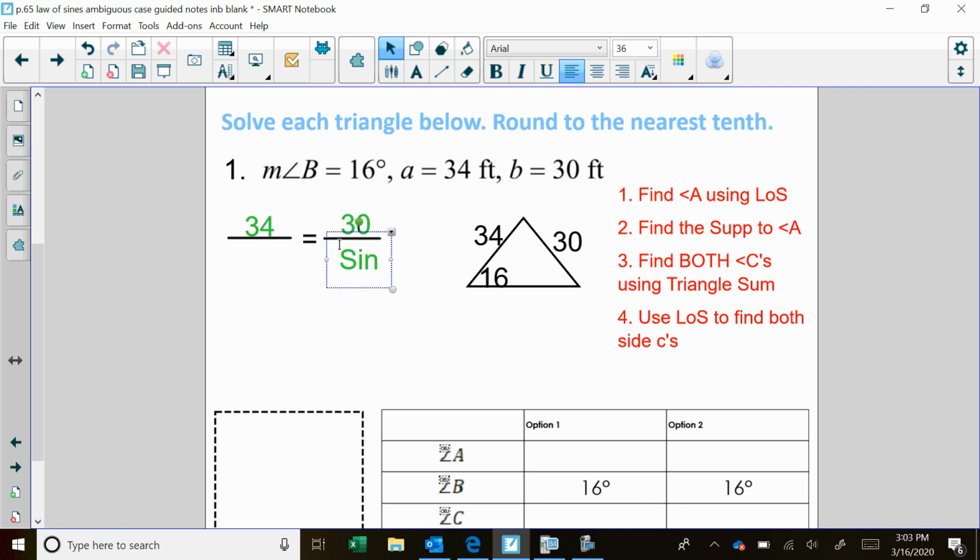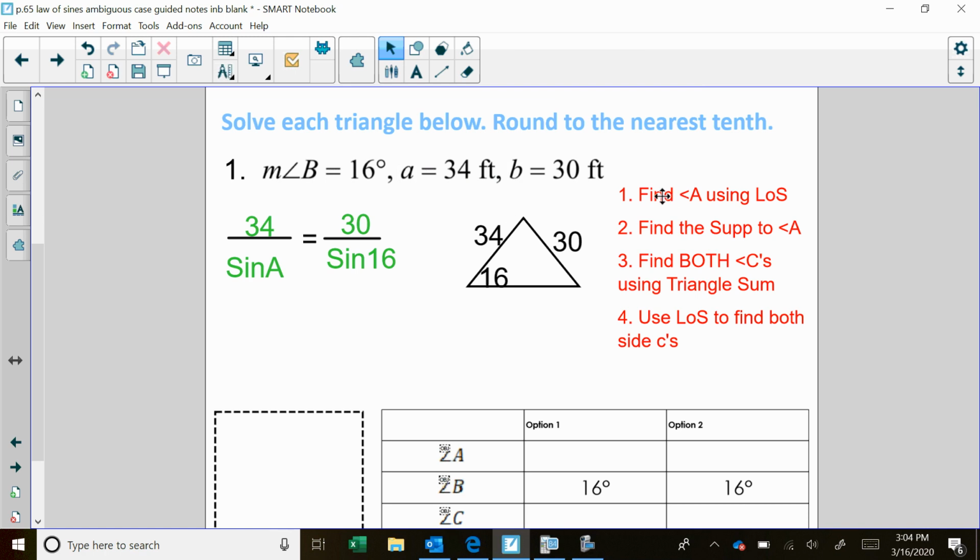Sine of 16 is going to be on the bottom of 30. Remember that angle B and side B will be on top of each other as a fraction. So over here on the bottom of 34, since this is side A, we'll use the sine of A.